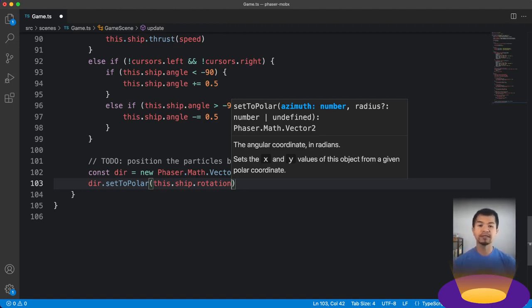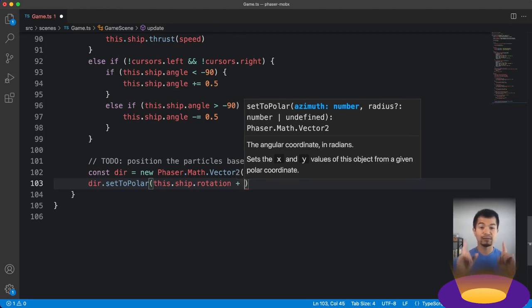Now what we want is, let's say, 30 degrees to the left of it. We're in radians, and we can't just add degrees to it. We have to add it in radians, where Math.PI is about 180 degrees.